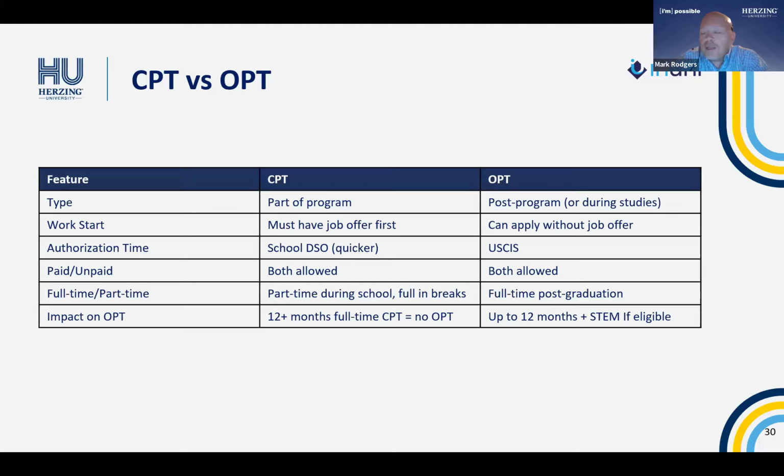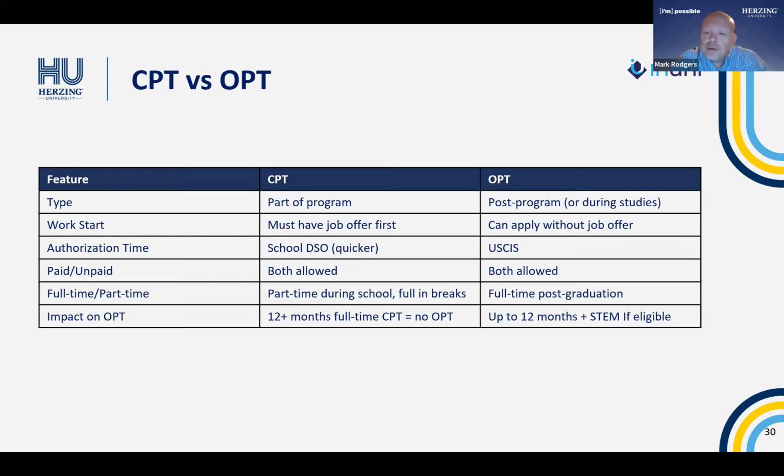So we'll go ahead and compare the two side by side. CPT is part of your program or an internship that is included. OPT is done post-graduation. In order to apply for CPT, you must have a job offer first.